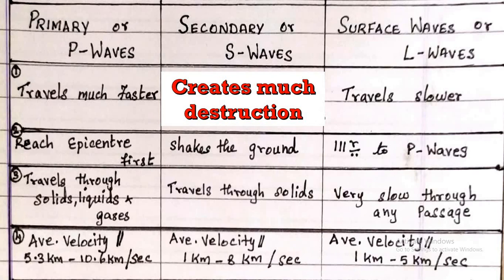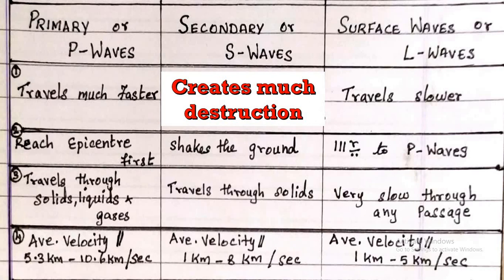We'll move on to the second, S waves. It creates much more destruction than the other two waves and also shakes the ground. That's why the destruction happens much. Travels through solids. Average velocity of the speed is 1 km to 8 km per second.